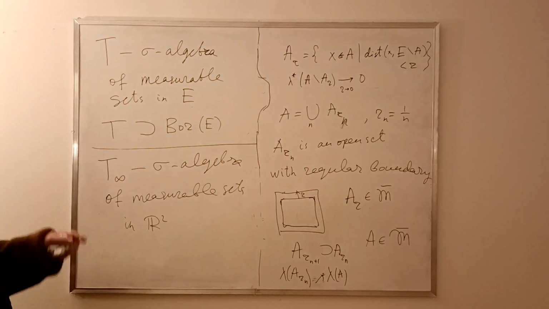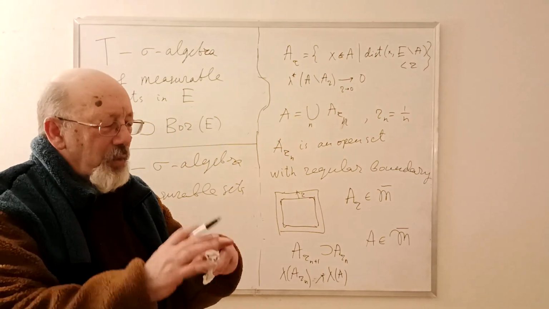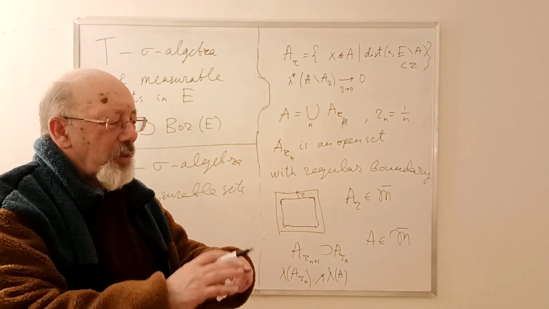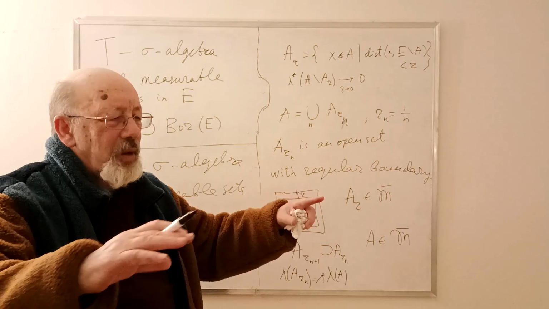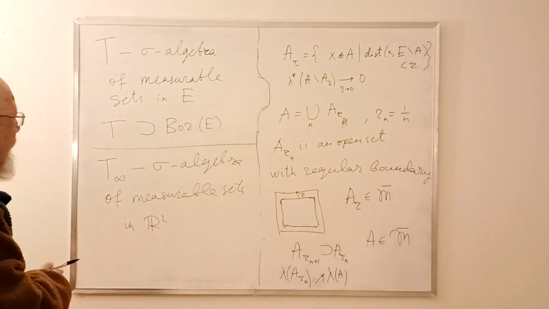T infinity is in fact the union of measurable sets in each of these mosaic unit squares covering the plane.